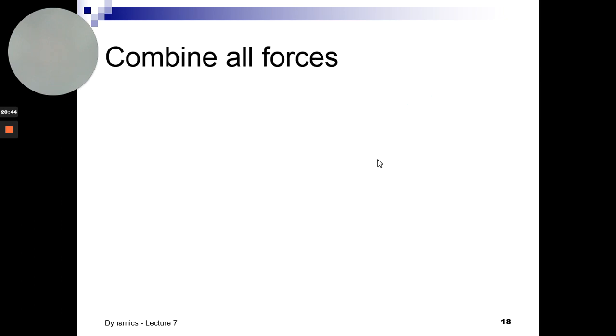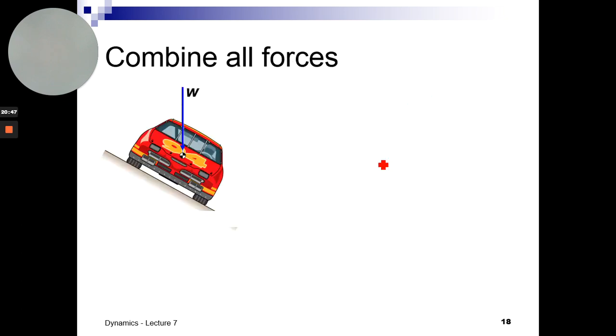So the combination of all forces, let's say we take a car over here. Car have a weight, and then the car is moving at a curvilinear path. That is a normal forces acting, and then there is a normal forces acting to the tire, both tire, and then there is a frictional force acting because the track is a bit slanting, so the car is tend to sliding down, but there is a frictional force acting on the opposite side.